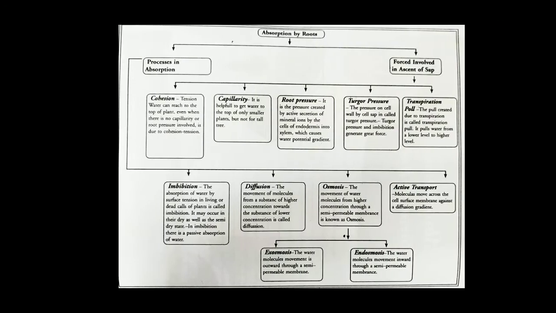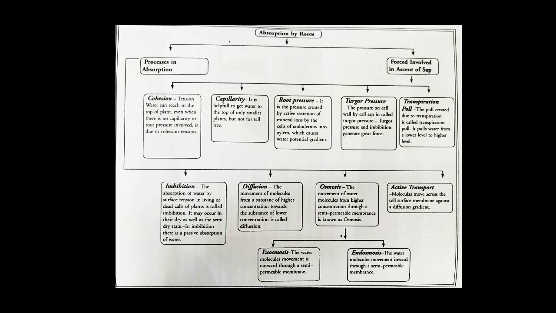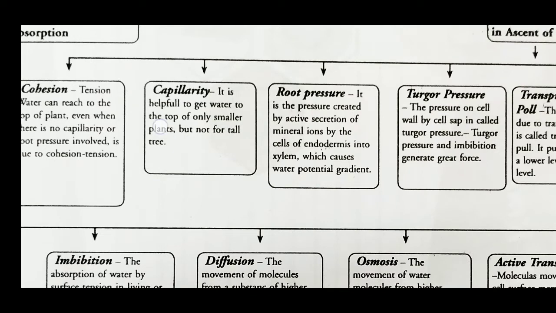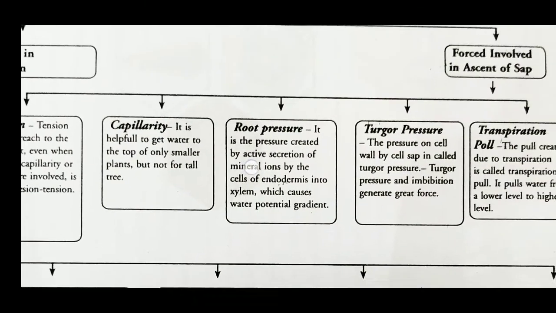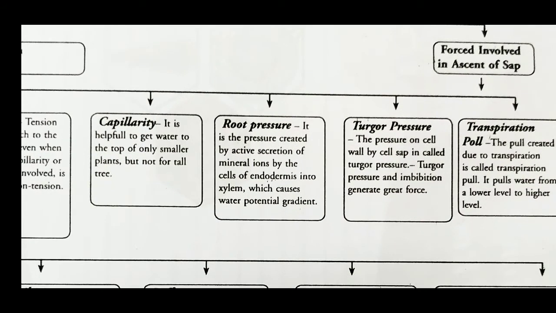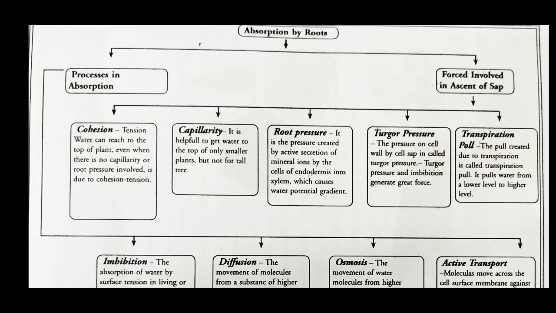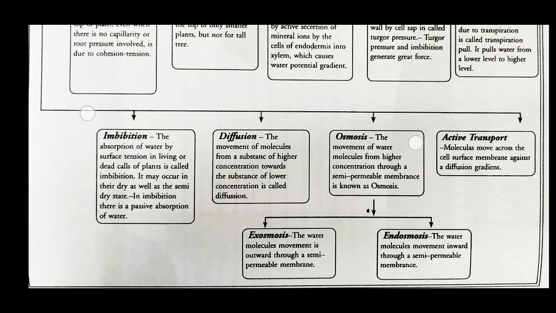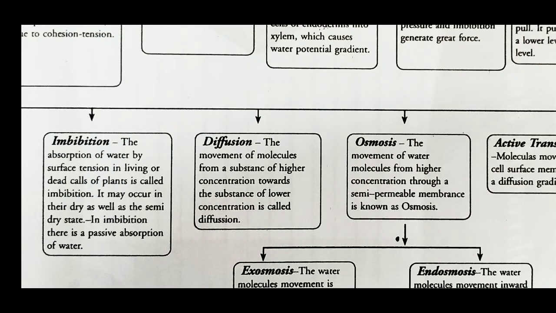And we also discussed in the previous video how absorption takes place. There are a few things that I want to repeat again, as we would be discussing the process of absorption. It includes imbibition, which is the absorption of water by surface tension in living or dead cells of plants.